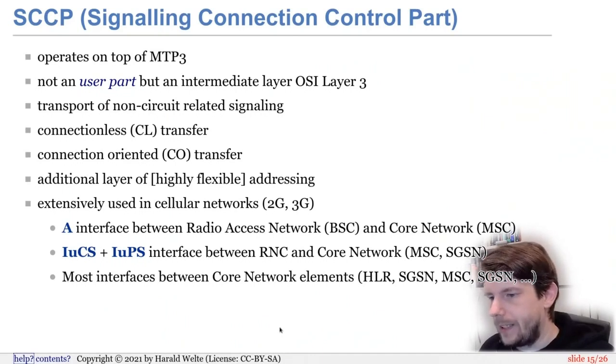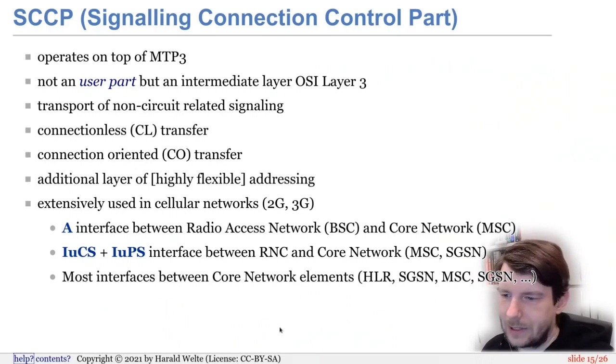It provides the transport of so-called non-circuit related signaling. So it transports information that is not about a circuit switched telephone call, even though it uses the same signaling network. There's a split between two functionalities, the so-called connectionless transfer and the connection-oriented transfer.